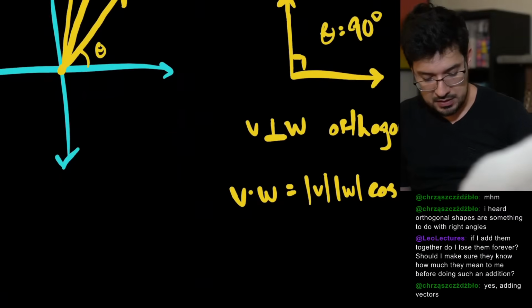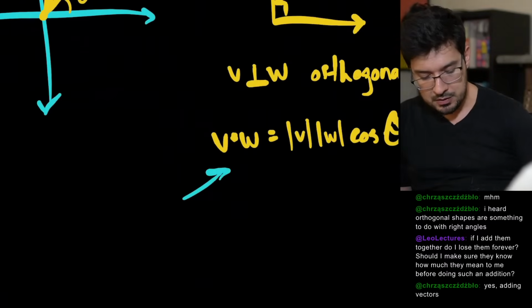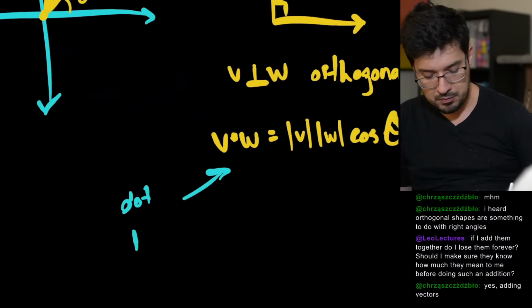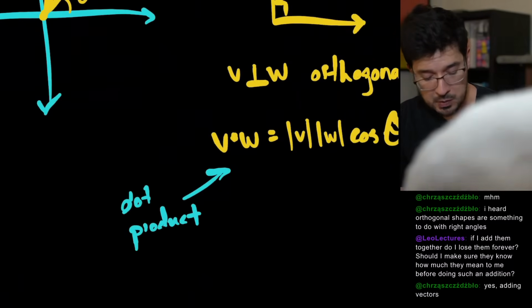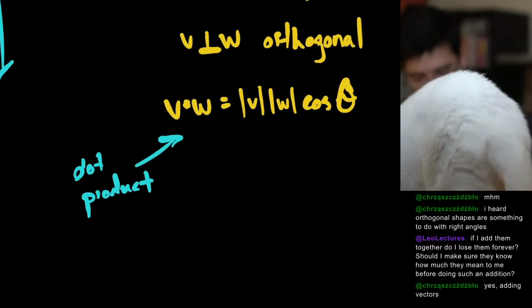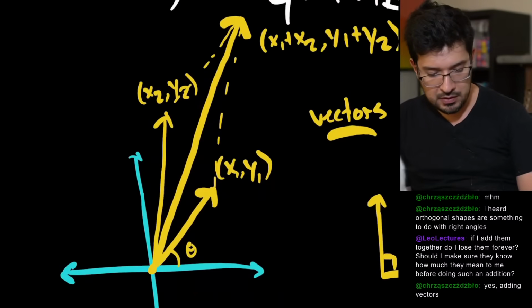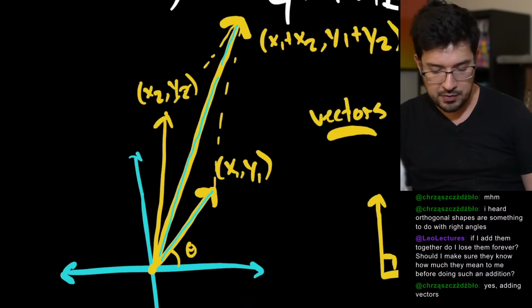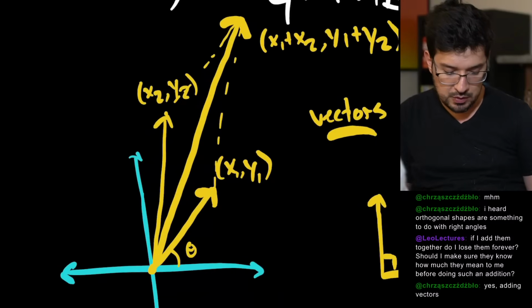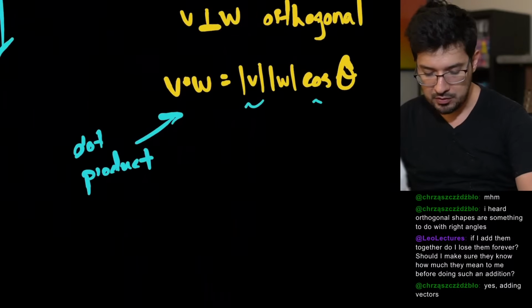So this relates something called the dot product, which you might be learning about since you said that you're reading chapter 1 right now. It relates the dot product to the length of the vectors. The length is how long, literally the magnitude of those vectors, to the angle between those vectors, right?